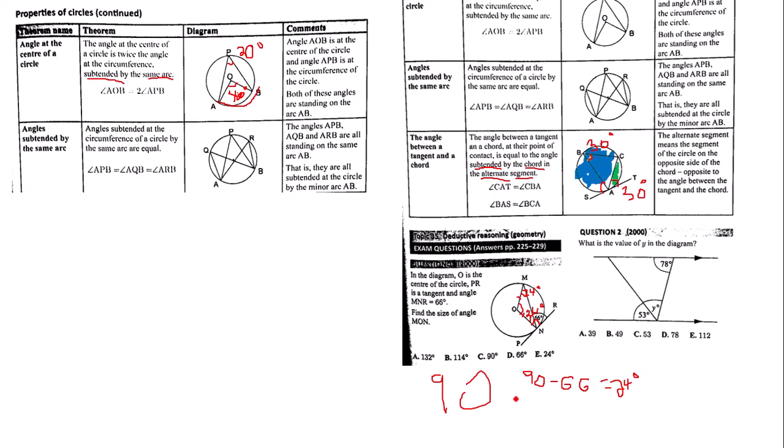So 180, the angle sum in a triangle, minus the two angles that are known already, 24 plus 24, so it's 132 degrees. Pardon my writing, sorry, it's my first time to use this tool.